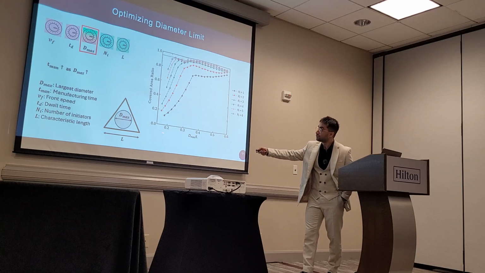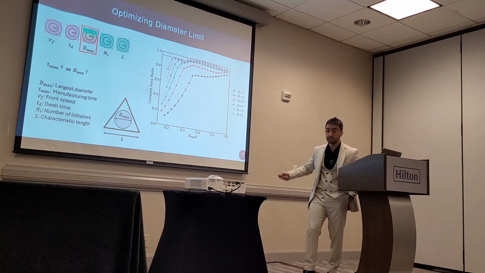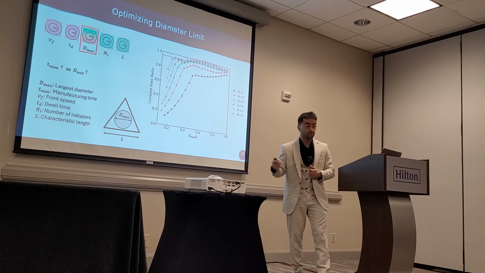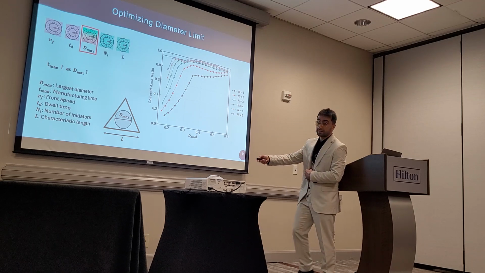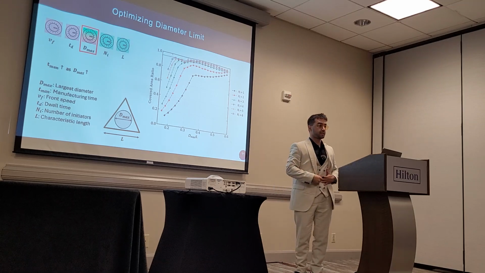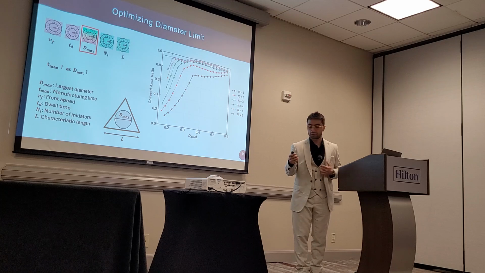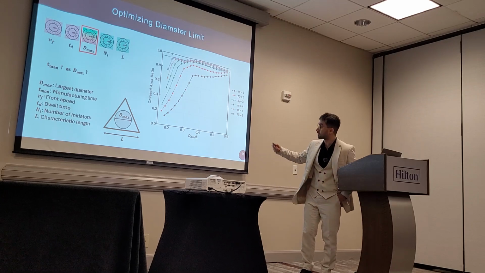If you're towards 0, you can complete it very fast. If you're towards here, it will take a longer time to manufacture this. And we are using this D maximum over L, which is the characteristic length, the side length for our triangle, because we want to keep things independent of the scale, so that if you increase L, you will have the same value, because D maximum can also increase accordingly.